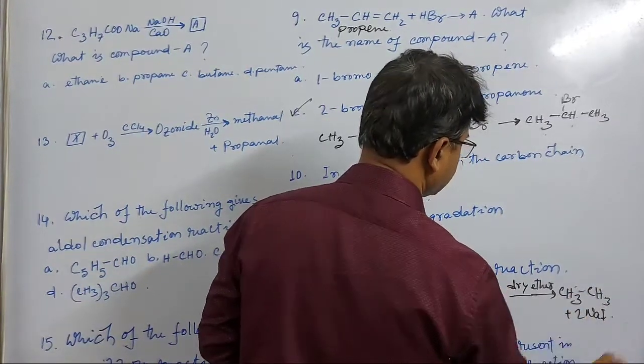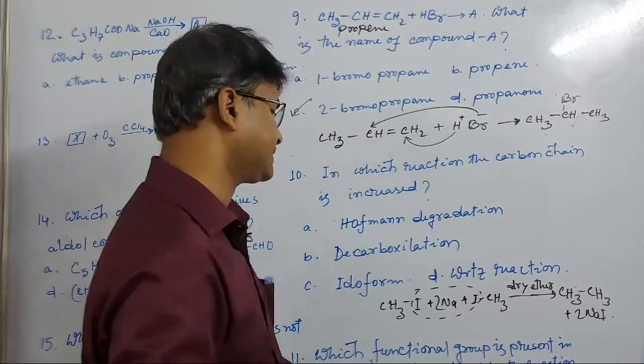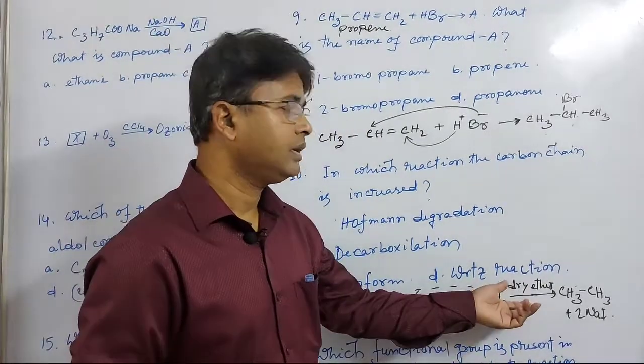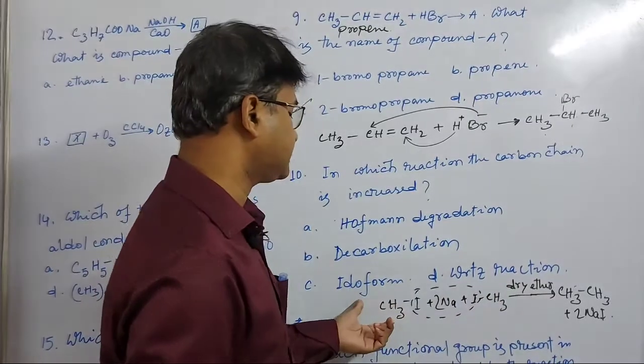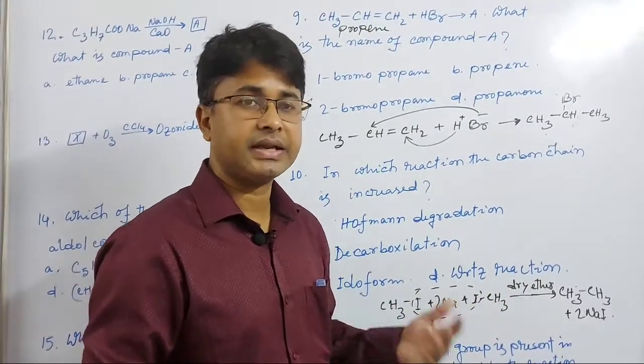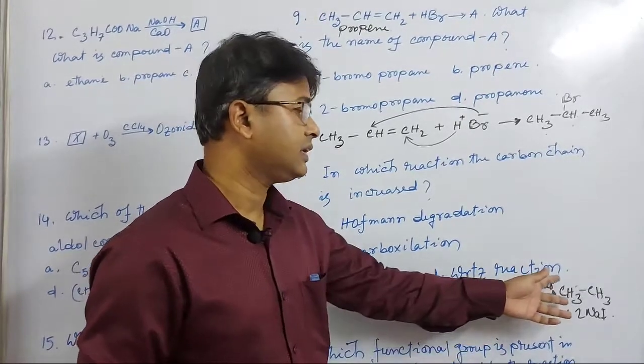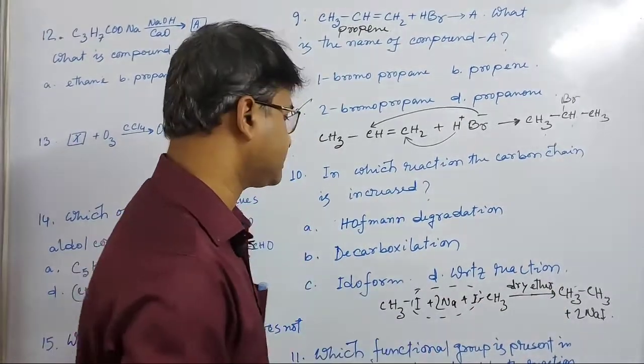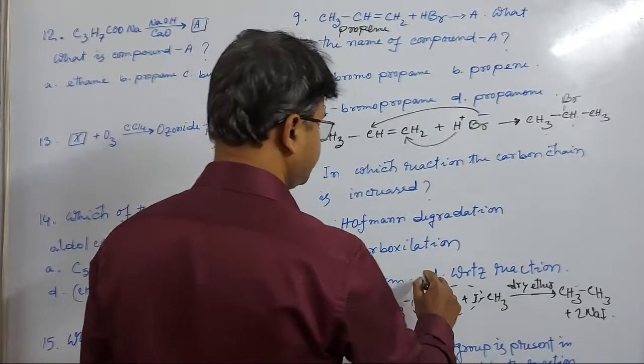That's why in the case of the Wurtz reaction we say that in the presence of dry ether, alkyl halide is heated with sodium metal to produce a higher alkane. Higher alkane means the number of carbon atoms will increase. That's why the correct answer is D.